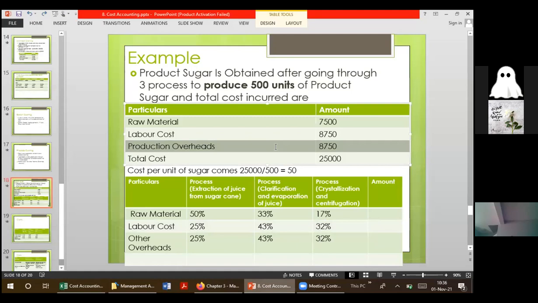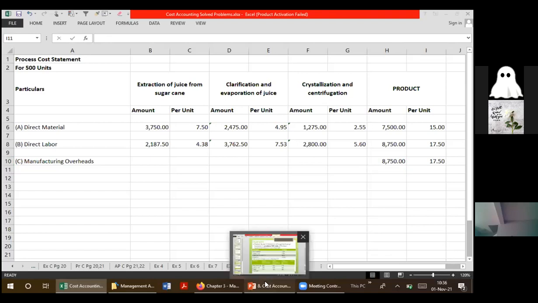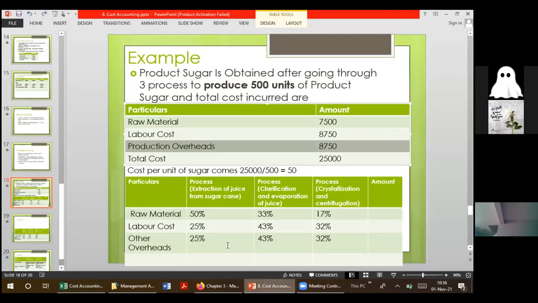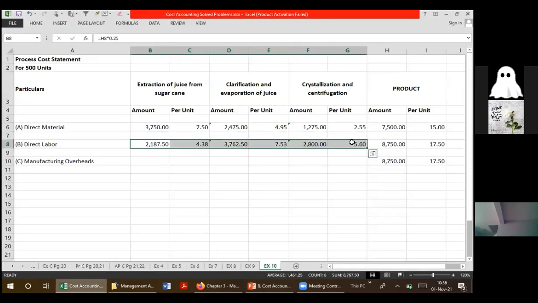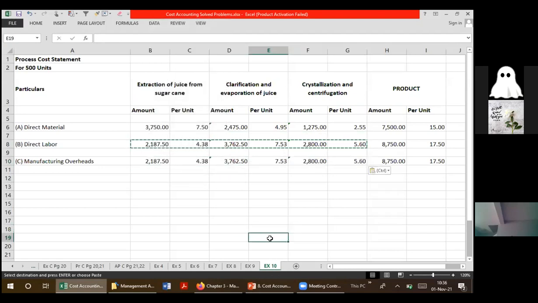So total manufacturing overhead is 8,750. So per unit will be the same: this divided by 500, 17.5. And we have the same percentages again. So for manufacturing overheads, it is the same percentage and same amount. So everything will be the same here, as it was for the above process.